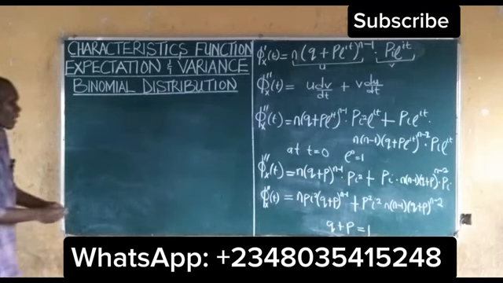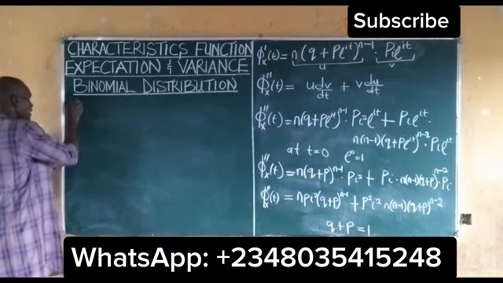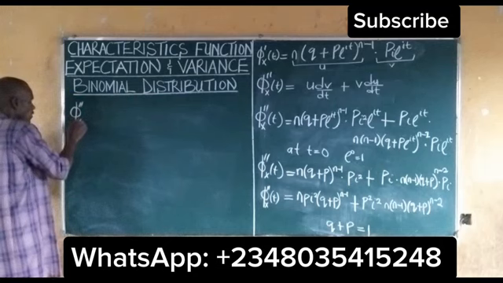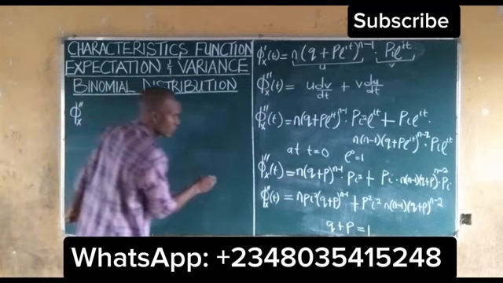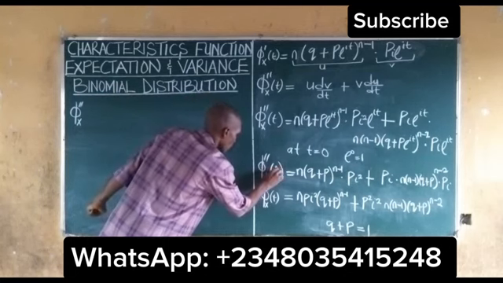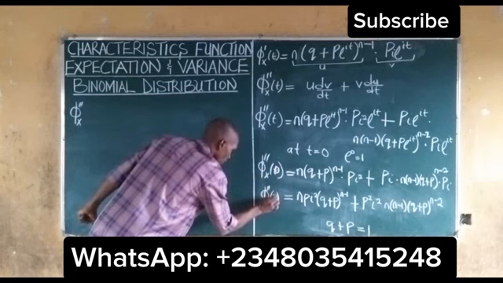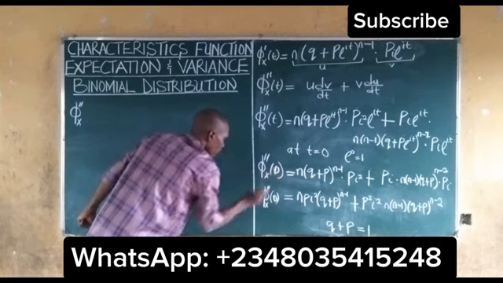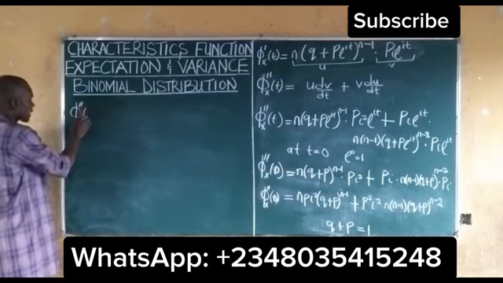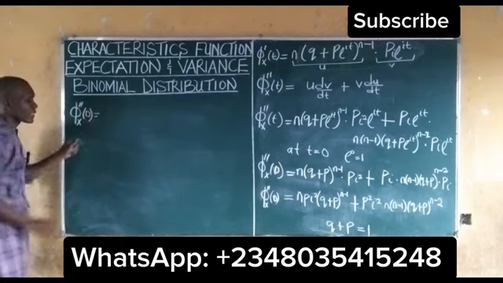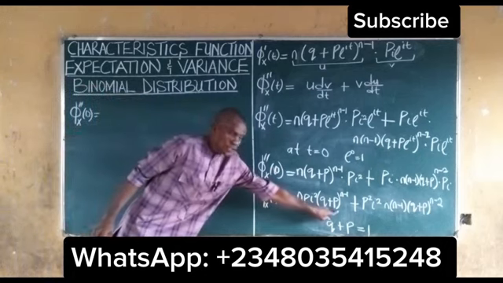So we can now write our characteristic function for the second derivative. Okay, this is 0 and this is 0, sorry. So we have that our characteristic function at t is equal to 0, the whole of this turns to 1.